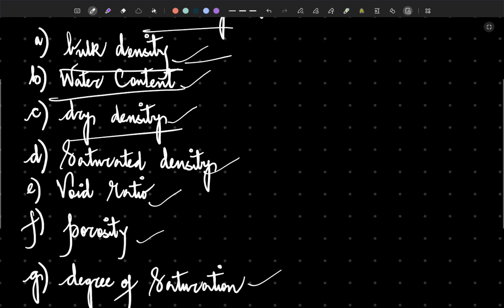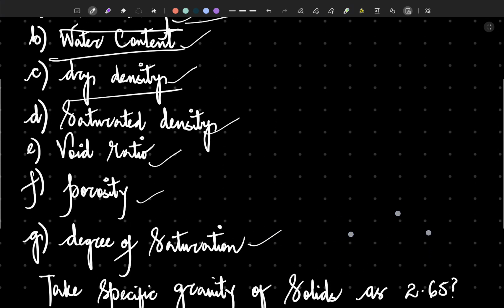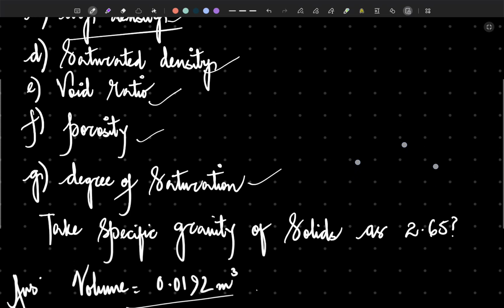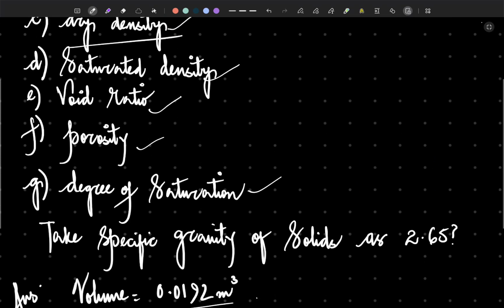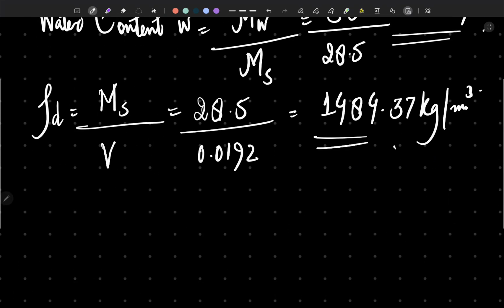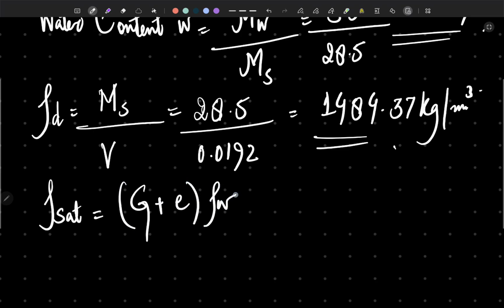All right, saturated density. Before calculating the saturated density using the generalized equation (G plus e) times density of water divided by 1 plus e, I must know the void ratio.